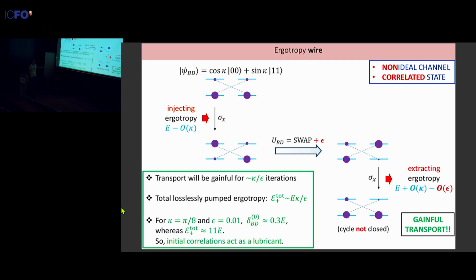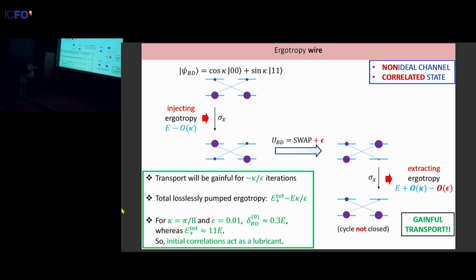In a very simplistic case, just to throw in some numbers, you can imagine that this kappa is pi over 8 and this epsilon could be some 0.01, with whatever additional term. I'm not going to bore you with details. You calculate and you see that the initial ergotropic gap, which was the resource for your losslessness, can be very small, like 0.3 E, yet you can transport like 11 E of ergotropy through this wire.